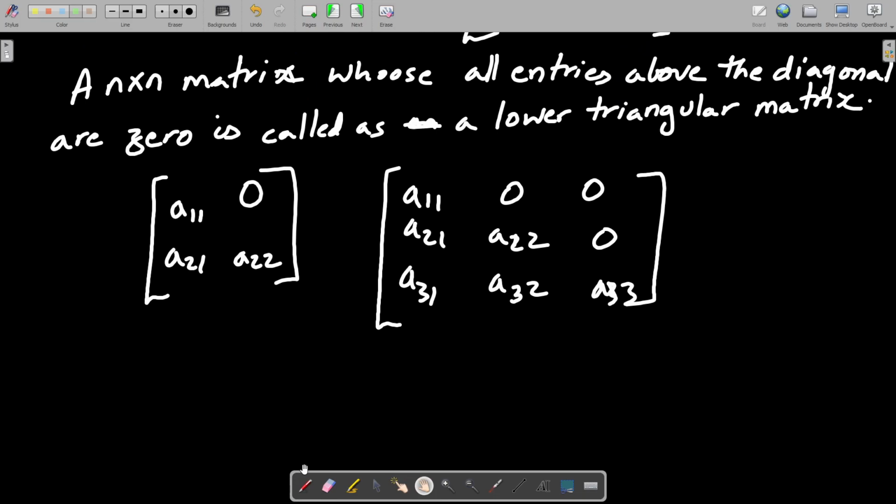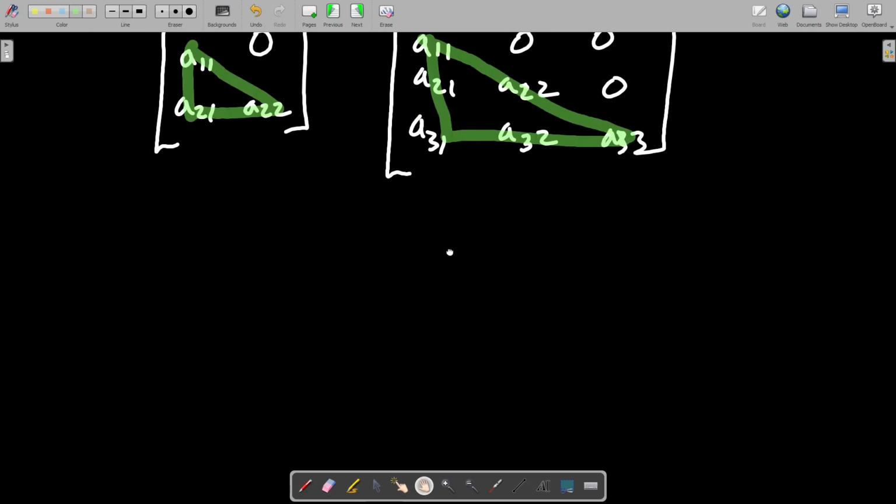Here you have a triangle on the lower side. So that's why you get a lower triangular matrix. Above the diagonal are 0, below the diagonal may or may not be 0.